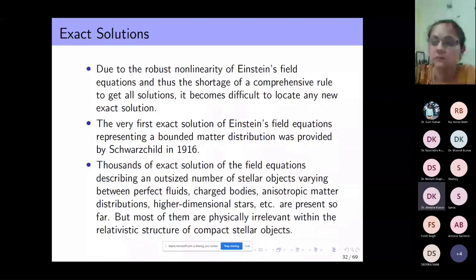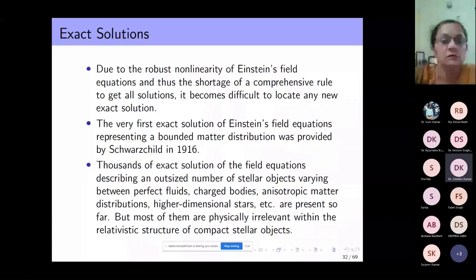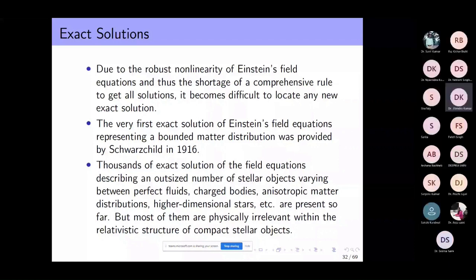the solution of the Einstein field equations by assuming a spherically symmetric metric. Due to the robust nonlinearity of the Einstein field equations and the shortage of comprehensive rules to get all solutions, it becomes difficult to locate any new exact solutions. The very first exact solution of the Einstein field equations representing a bounded matter distribution was provided by Schwarzschild in 1916.